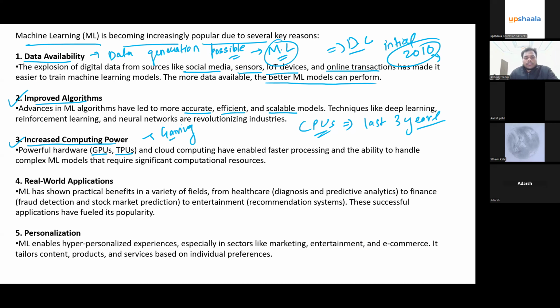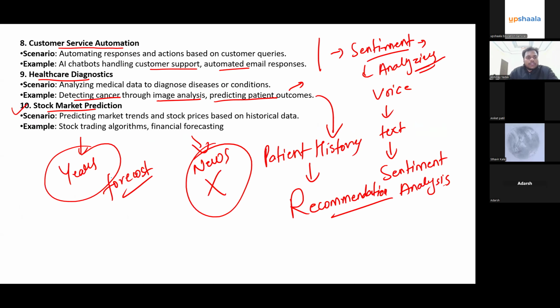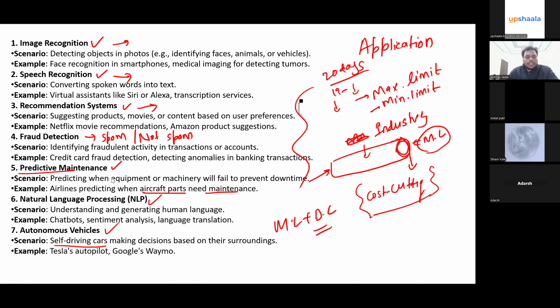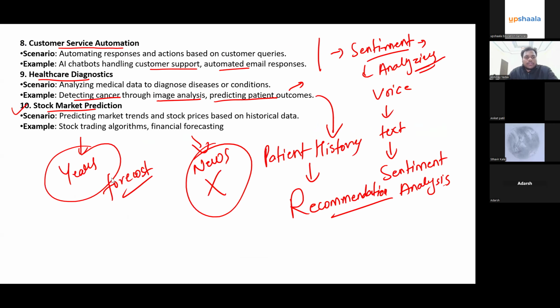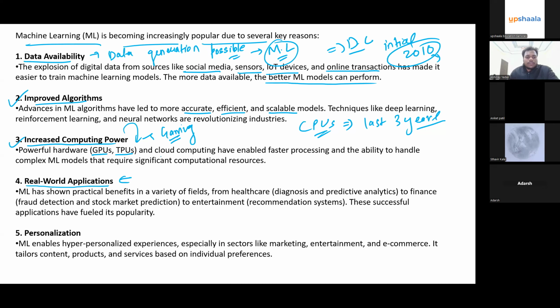But for scientists and researchers, they are used for training the model. So the computing power has also increased very largely. Real world applications have also increased, just like we have seen. That will also make the machine learning model very popular.